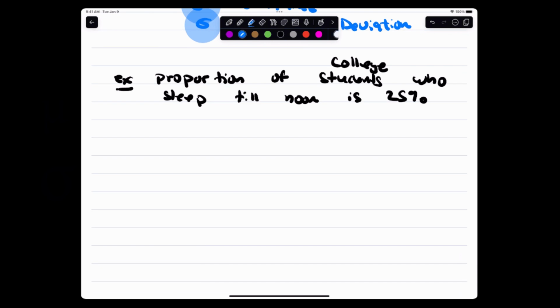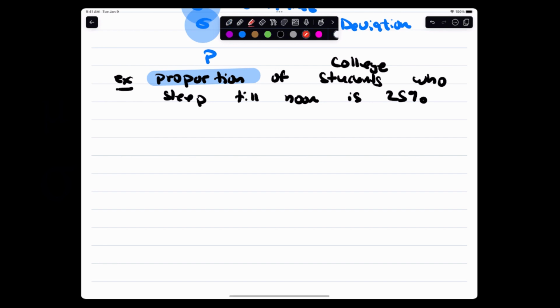So the proportion here is given by the parameter we call what? P. So P stands for proportion. That's the same proportion you guys did with estimation. It's a population parameter. And so the proportion of college students who sleep till noon is, you guys know what the word is means?